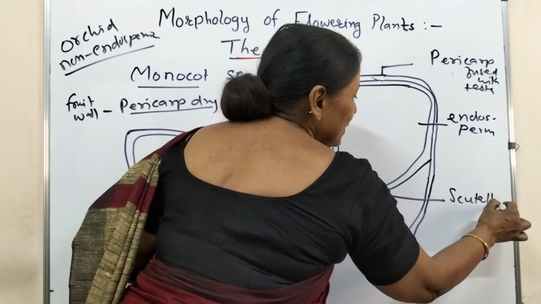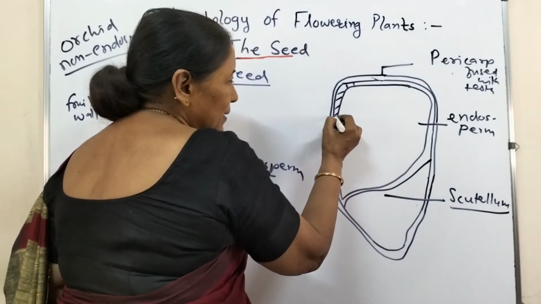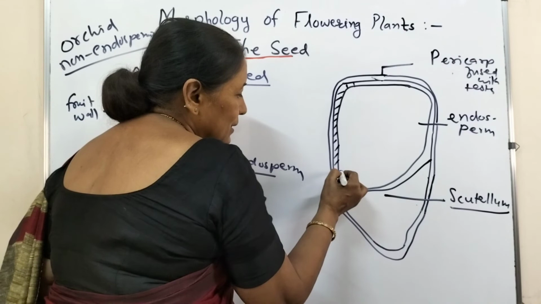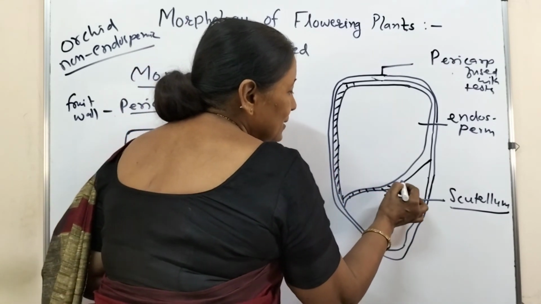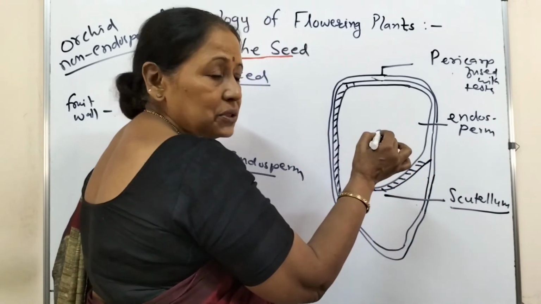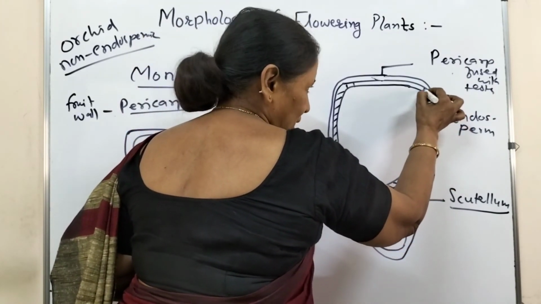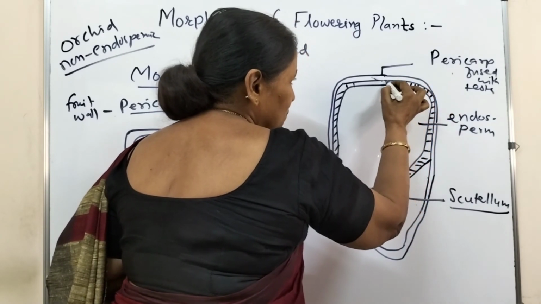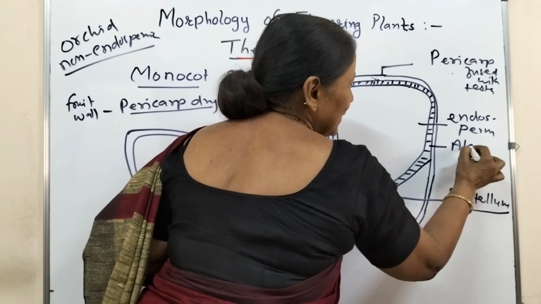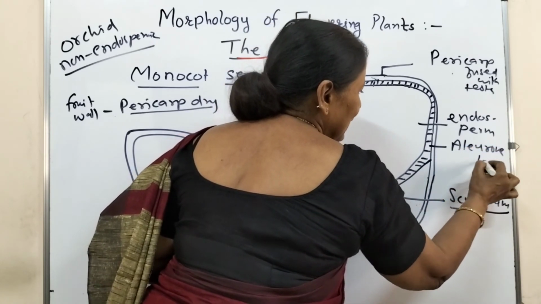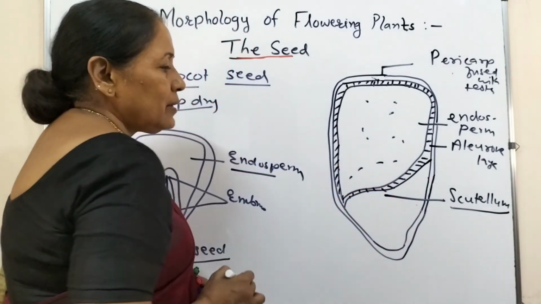From scutellum is a proteinaceous layer. This proteinaceous layer which is separating the endosperm from the cotyledon is called aleurone layer. This is made up of protein. You have to remember its chemical composition also, name also. So this is the aleurone layer. And this whole thing is the endosperm.